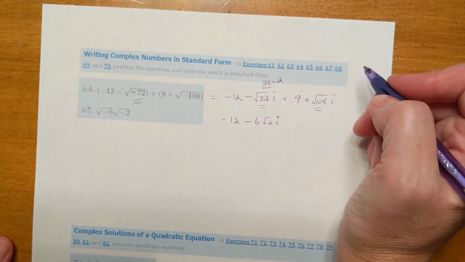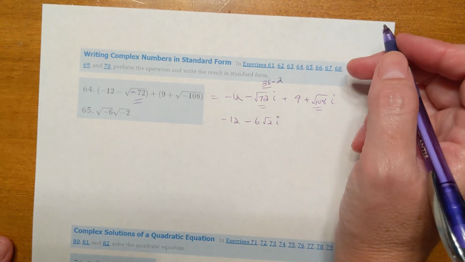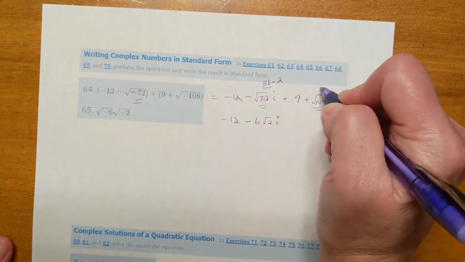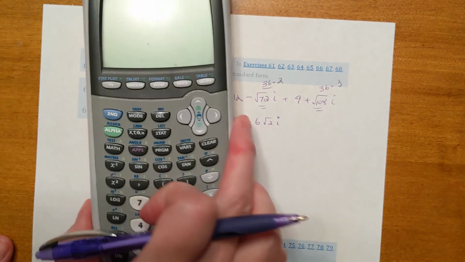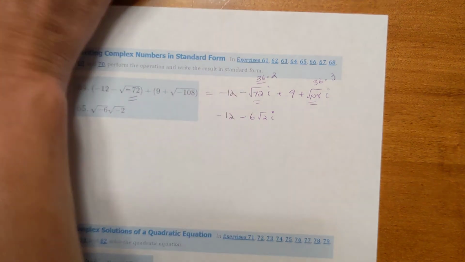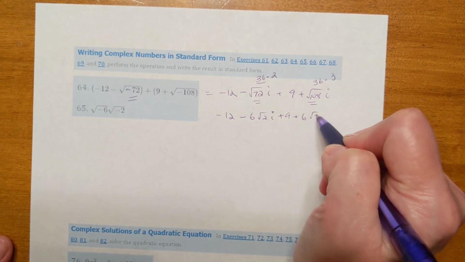Well, let's see, it's got a 9 in it. So 9 times 4. No, it's got a 36 in it. 36 times 3 is 108. Yeah. So you can take a 6 out of that too. So plus 6 radical 3i.